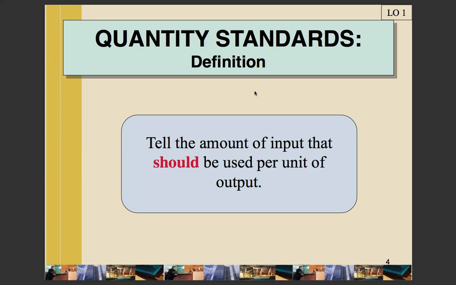Actually, before this, chapter 8 covered material about budget. Budget sets the standard that will be used for control and to evaluate the performance of the manager, right?